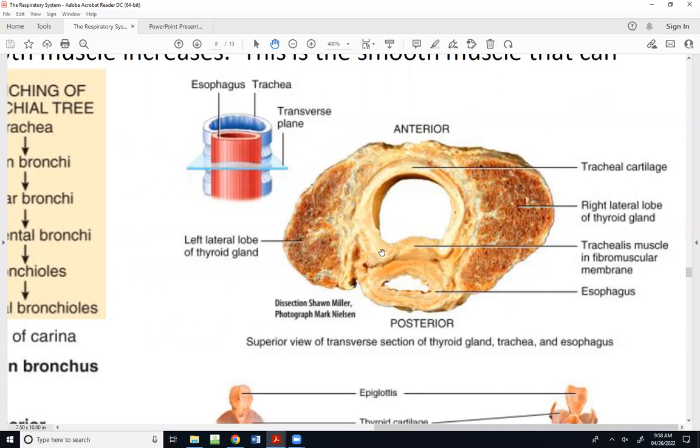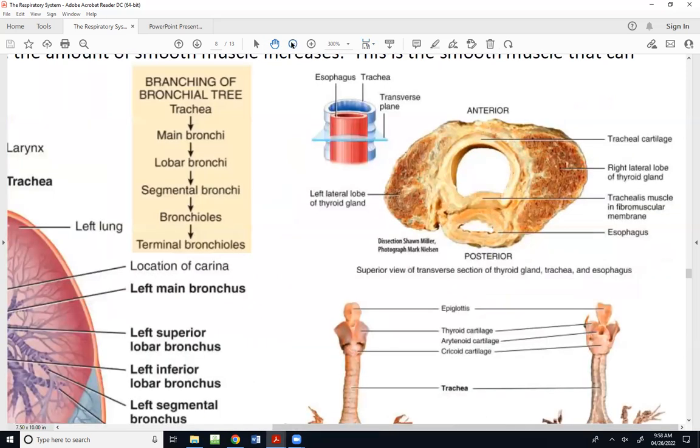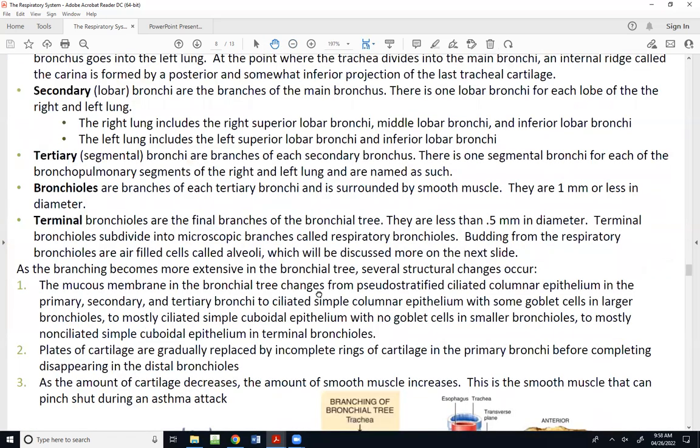We can see the letter C very nicely, although it's not drawn like it would be normally. It's kind of upside down. That's a C shape, which is very important, but the open part of the C is not completely void. It has got something in there, and that's a muscle, which I'll talk about now.